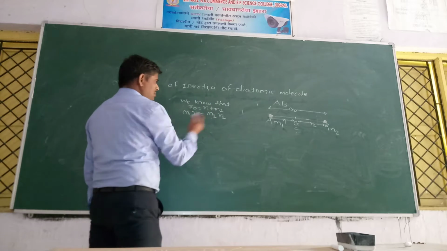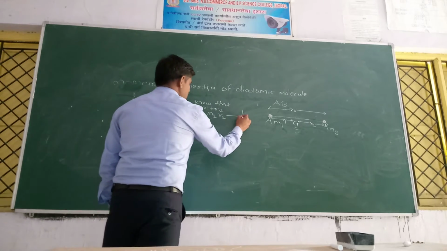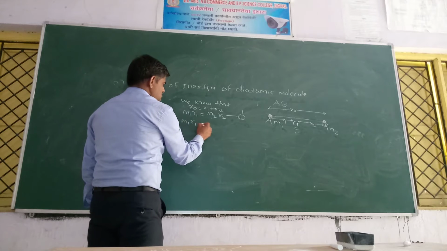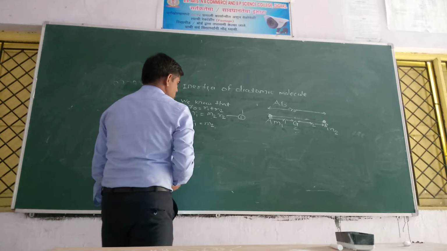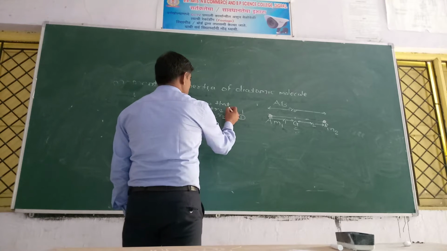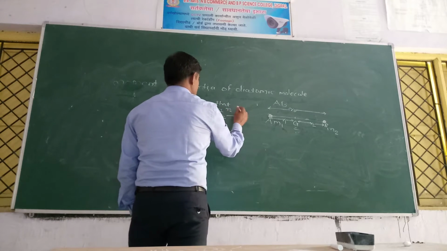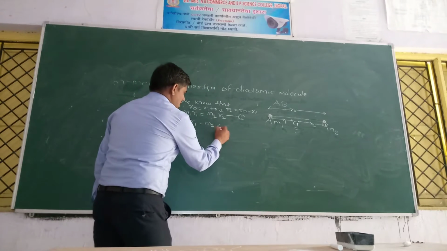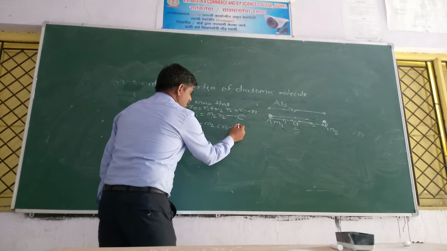Putting the value of R2 in equation 1, we get M1 R1 is equal to M2 times R2 value. R2 is equal to R0 minus R1.